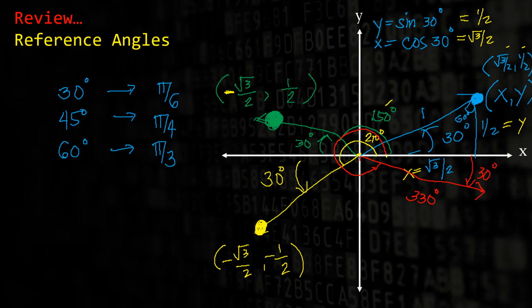Since it is found in quadrant 4, the x coordinate must be positive and the y coordinate is negative. So the rule of reference angle is, upon observing the coordinates, the sign will just change as you move to different quadrants.